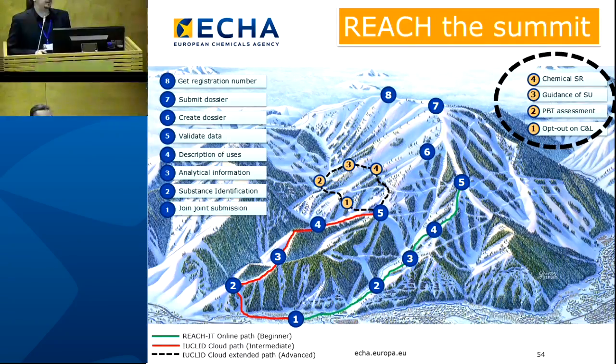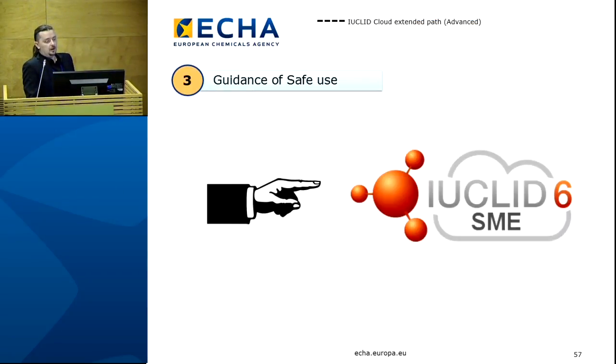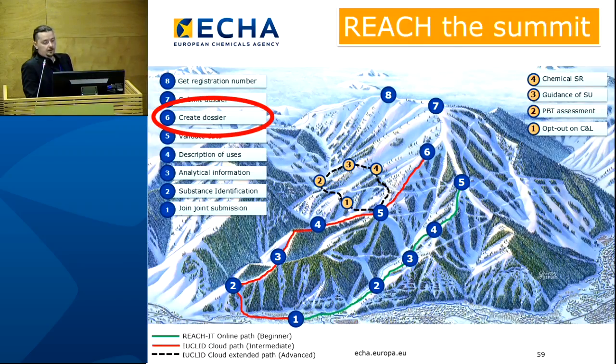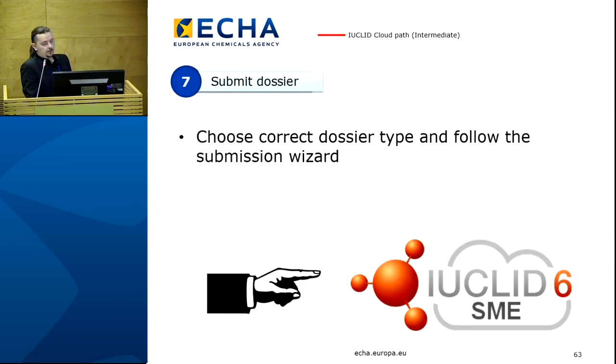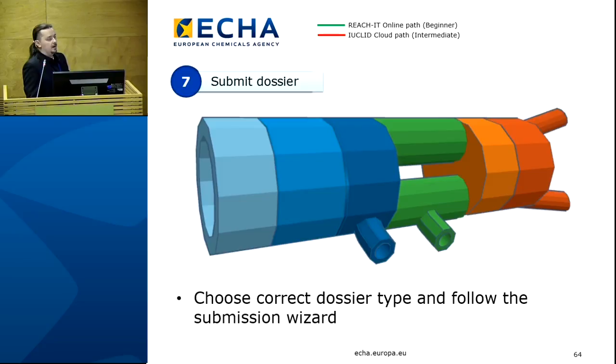Let's see what's happening then. Okay, so we've gone through the creation of the dossier. We've gone through the submission of the dossier. What Alexis was covering is that what happens after you submit the dossier is that it goes into the machinery of ECA in something that we call the submission pipeline. It starts with the upload of the file.